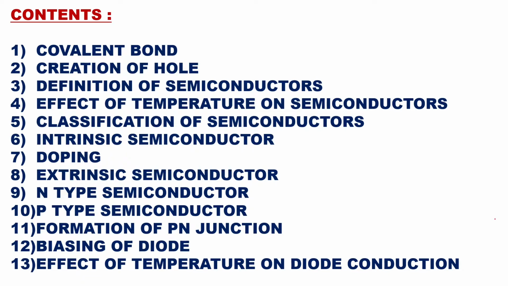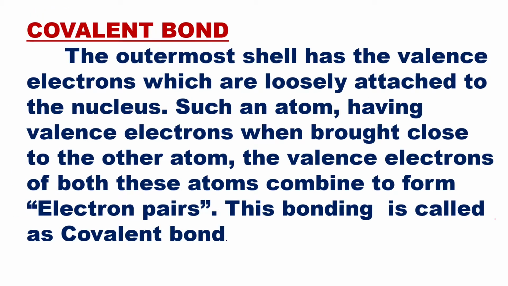What is a covalent bond? Definition-wise, the outermost shell of any atomic structure has the valence electrons. The outermost orbit will have electrons which are named valence electrons, which are loosely attached to the nucleus.